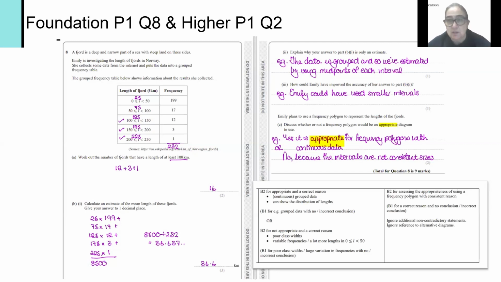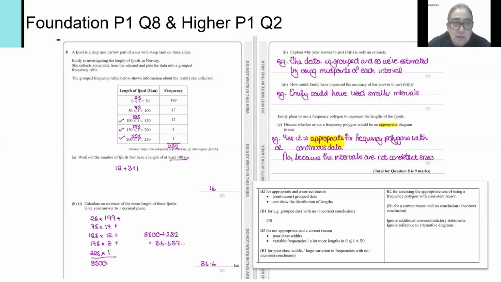You'd expect that, so there's no great shakes there. But what students on foundation were more likely to do was to offer an alternative diagram rather than answer the question as to why it would or wouldn't be appropriate. So yeah, the mixed bag on that one on higher and foundation.